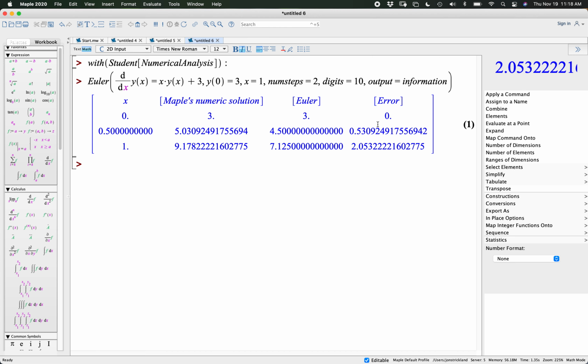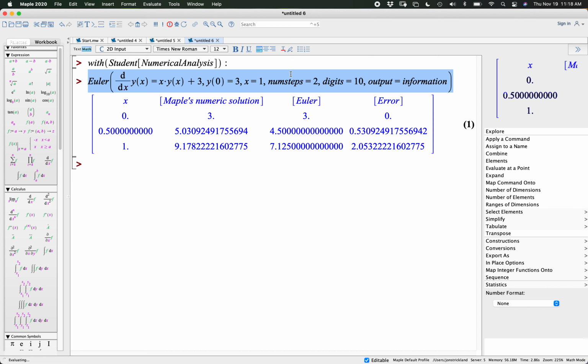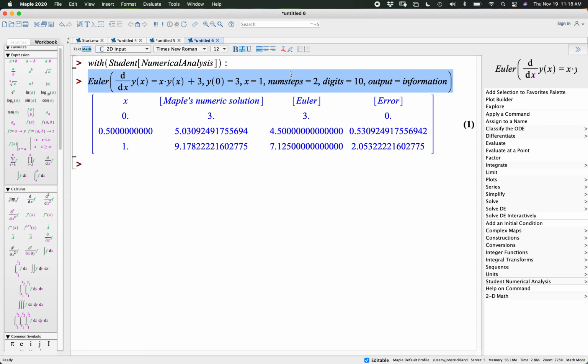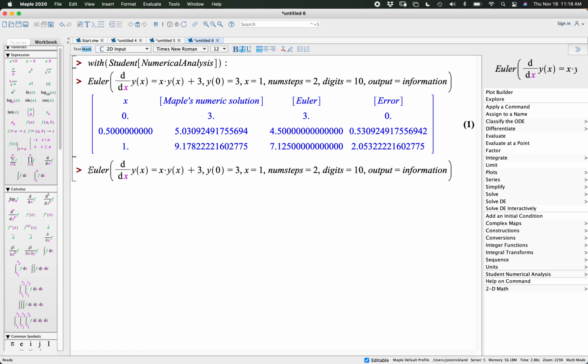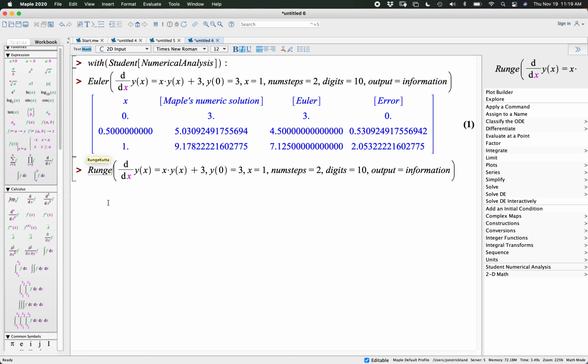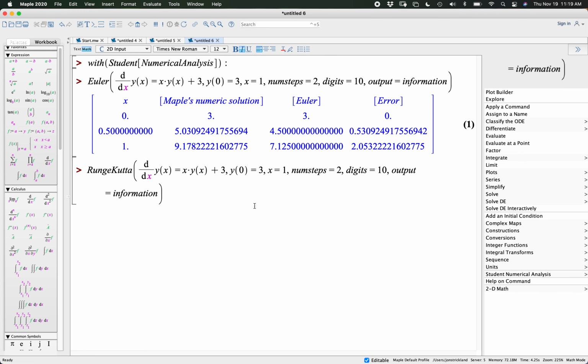Now if I were to take the improved Euler method. They call it the improved Euler, but the opening statement is not Euler, it's Runge-Kutta. It has the same opening line, same number of steps, and digits equal to 10.